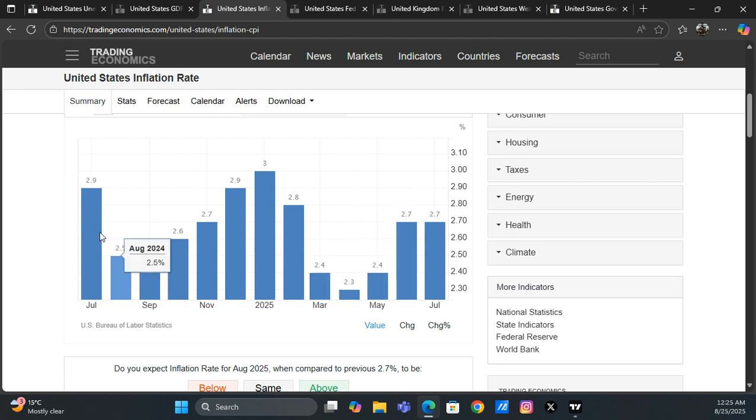So we're getting these sinusoidal waves, meaning that inflation is not stable. When inflation is stable, it's supposed to be giving you 2.93, 2.8, 2.9 again. It should give us a sideways move at those high levels instead of dropping all the way to 2.3 and coming back, dropping to 2.4, coming back.